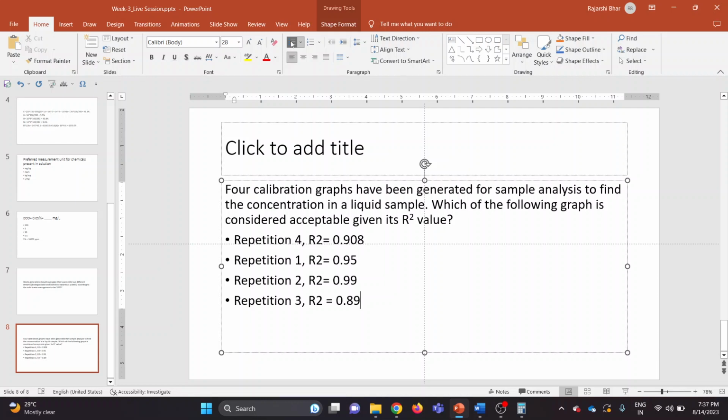Four calibration curves have been generated, and based on its R square, which calibration curve do you think is acceptable?